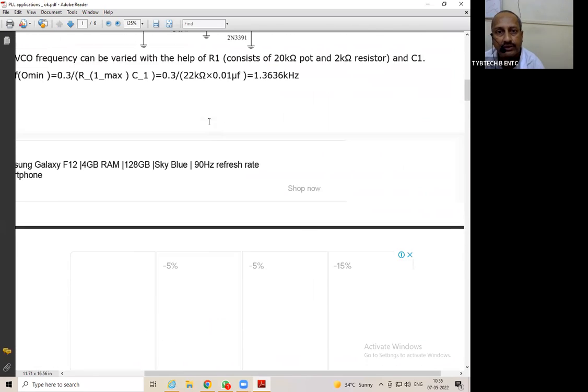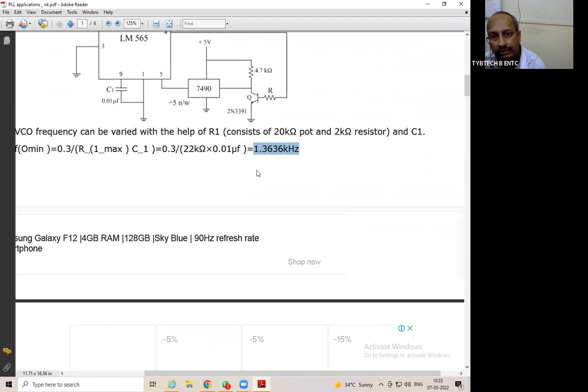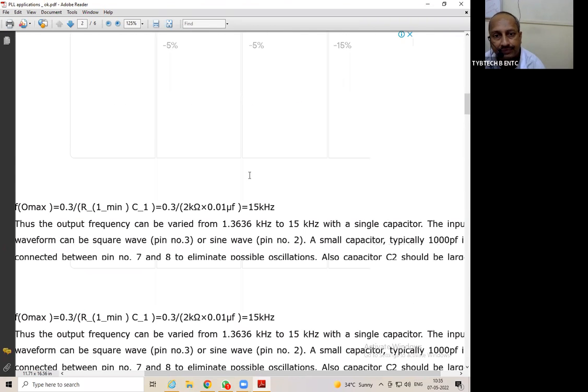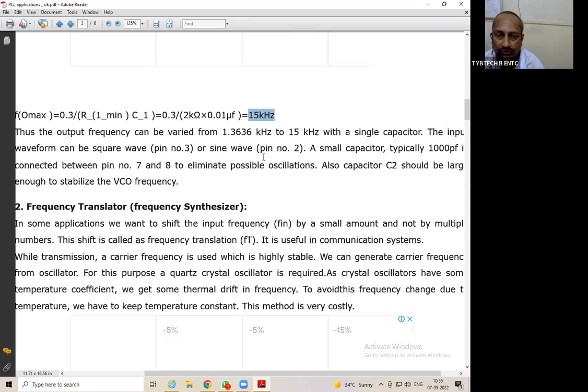We will get the minimum, that is 1.3636 kilohertz, and the max, that is 15 kilohertz. So the frequency can be varied in this range, 1.36 to 15 kilohertz, with a single capacitor. The other things, like the value of the capacitor, have been added. So this is how multiplication can be done using the PLL concept.